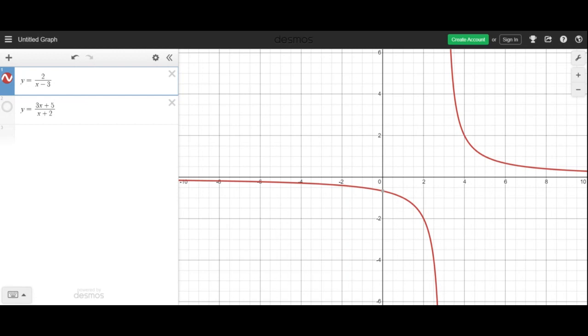So just like the range we had for the original function, 1 over x, right? It's going to look exactly the same because we still have that horizontal asymptote along the x-axis, right? So y cannot be equal to 0 this time. Any questions about the domain and range for that function?